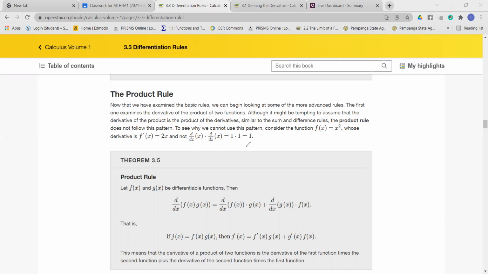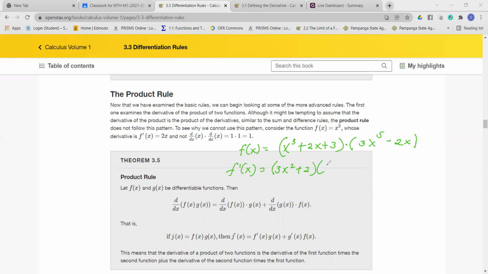Halimbawa, meron kang f of x ko will be equal to x cubed plus 2x plus 3 multiplied to 3x to the fifth minus 2x, for example. Okay, so meron ka ngayong product. Meron kang dalawang factors. So, ang derivative ko will be, pwedeng ito munang kunin kong derivative. Okay, derivative of the first one, ang derivative niya by the previous rules on differentiation, this will be 3x squared plus 2, times ito.